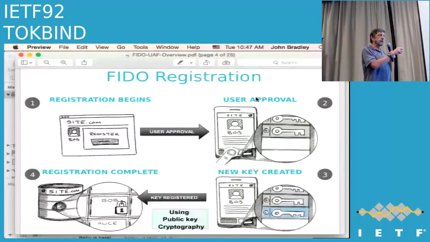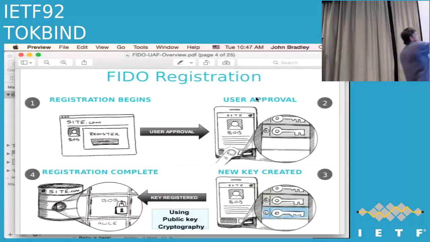And then later on you come back, and instead of logging in and entering a reusable shared secret, which is what your password is, you get a user interface where you swipe your finger and magic happens underneath.